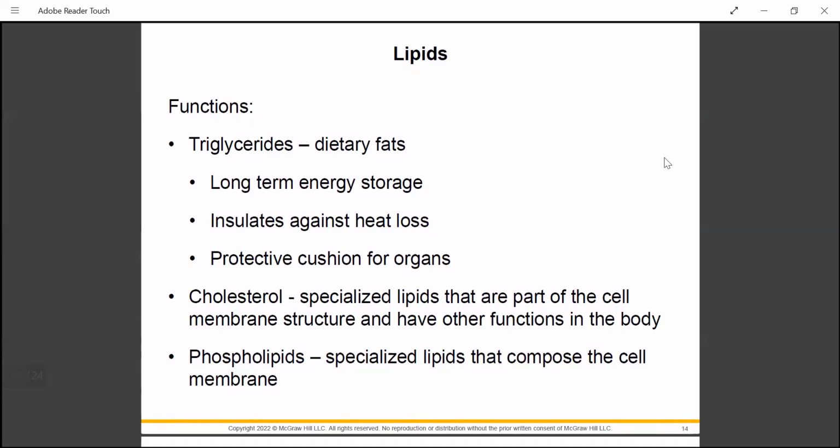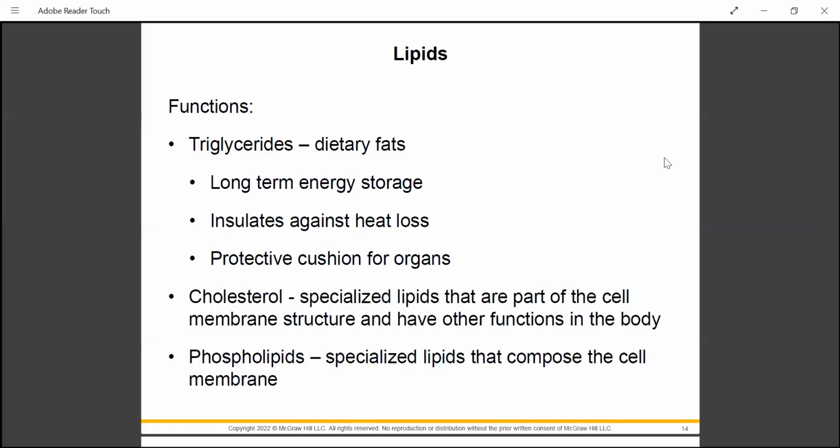So we'll talk about triglycerides first. And these are really our dietary fats, is what you should think of triglycerides as. They provide really good long-term energy storage. So our glycogen and our glucose, those are more short-term and kind of easily accessible, easy to process. Now our triglycerides are going to be a longer-term energy storage.